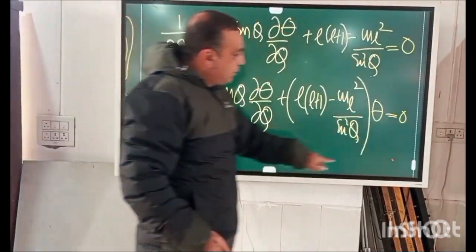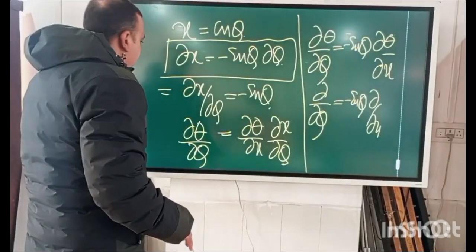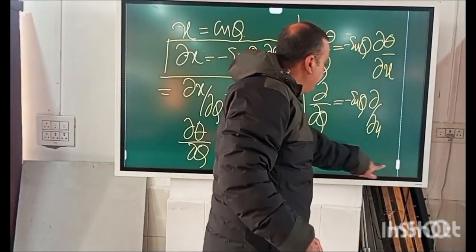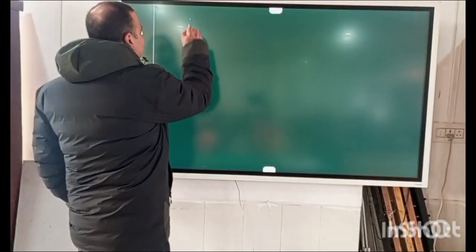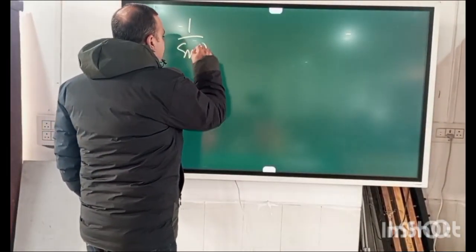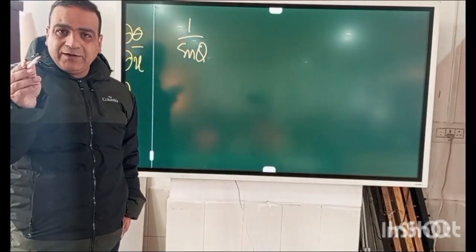So what will I get? You have to help me here. I have 1 by sine theta out. Then I have dou by dou theta of sine theta. What is that?